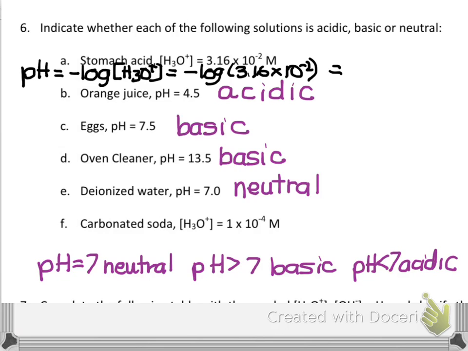So plugging that into my calculator, let me do that. I get 1.500. So this is an acidic solution.